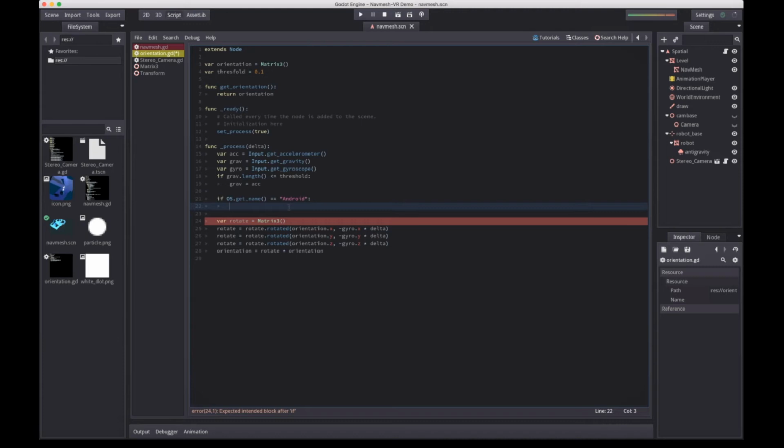So there's quite a bit of code inside of Godot to make sure that that is corrected, and the values that you are getting from the sensors inside of GDScript are actually axis aligned with the axis system in Godot itself. That doesn't exist on Android.